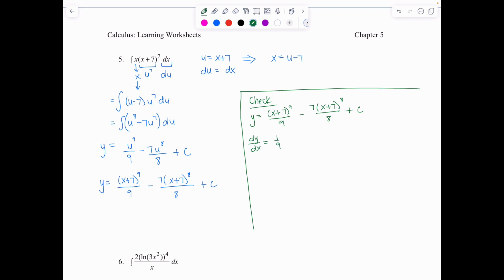I'll pull the 1/9 out. Now we do the power rule, so we have 9 times (x plus 7) to the 8th. Chain rule, derivative of x plus 7 is just going to give us 1. Then we have 7 over 8 times, bring down the power rule, 8 (x plus 7) to the 7th, chain rule times 1.